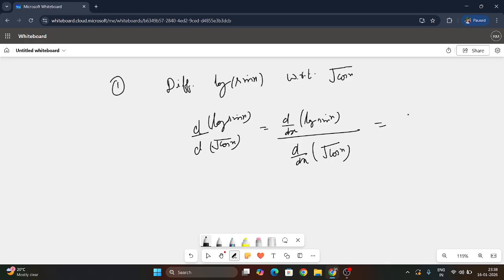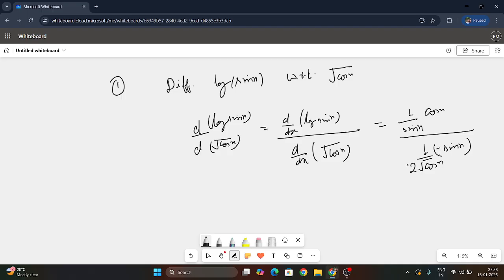Now it is very easy to solve. Log sin x is 1 by sin x, and it is cos x, divided by 1 by 2 root cos x into, this is going to be minus sin x.